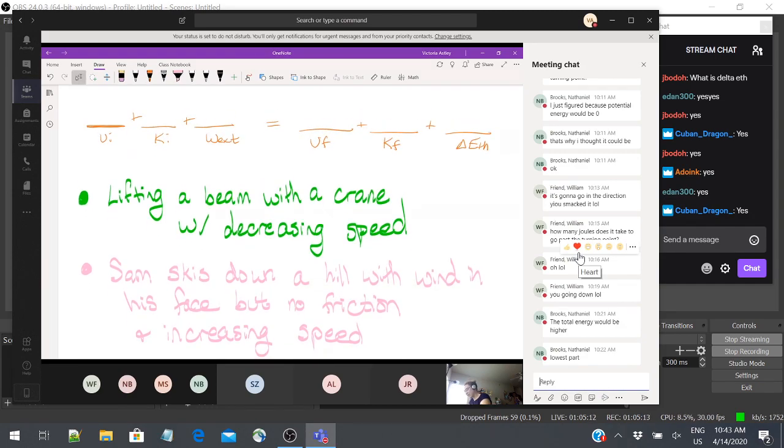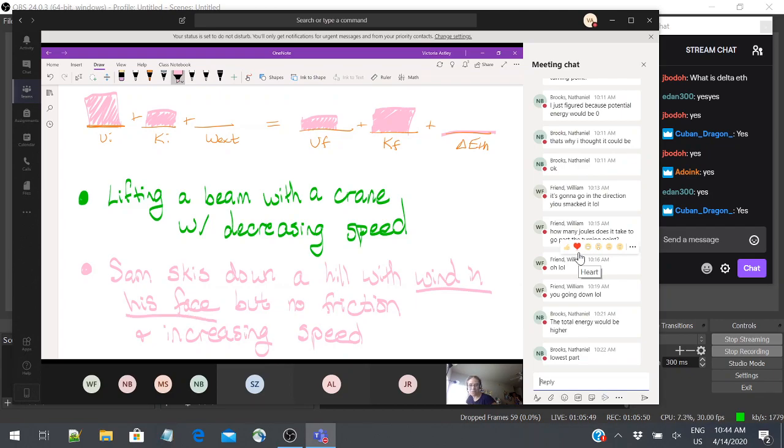Well, he's going down a hill, so he must have more potential energy at the start than he did at the end. There's no friction, so he has increasing speed. So his kinetic energy is some amount to start with, and then that gets higher.